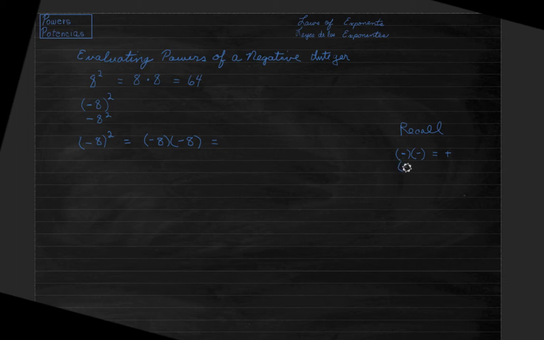Also, if I multiply a positive times a positive, I would also get a positive. But I will get a negative if I multiply a positive with a negative, or a negative times a positive. This will give me a negative answer for either one of those.